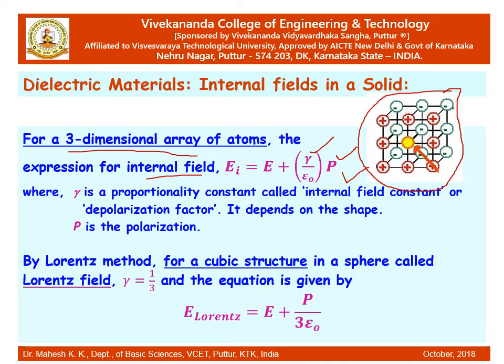By the Lorentz method, for a cubic structure in a sphere, called the Lorentz field, gamma is 1 over 3. If we substitute gamma equal to 1 over 3 in the above equation, then for the Lorentz field, E will be E plus P divided by 3 epsilon naught.